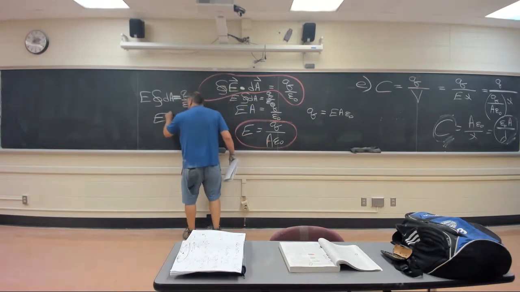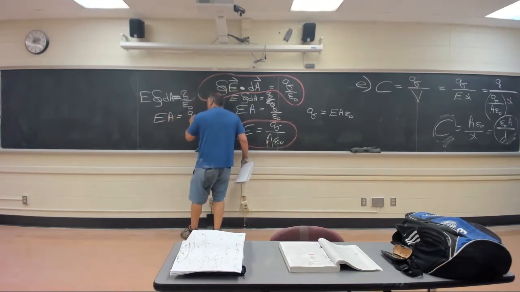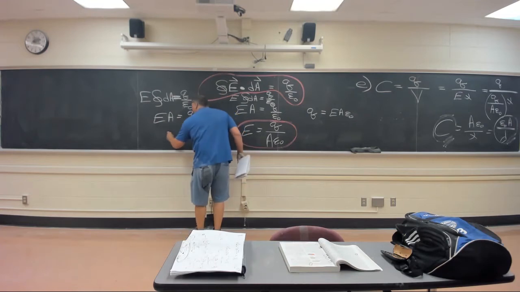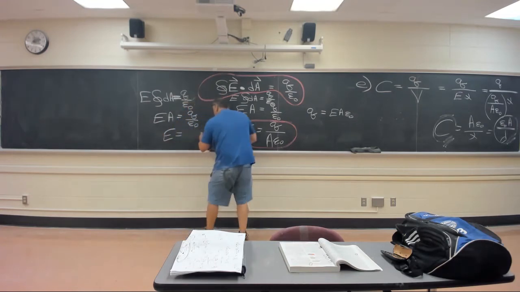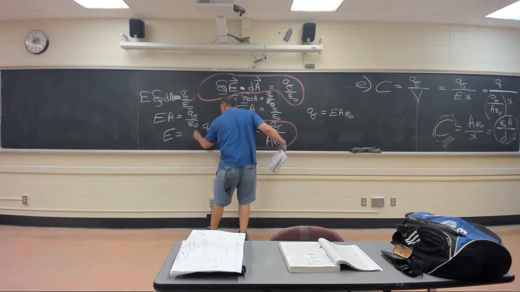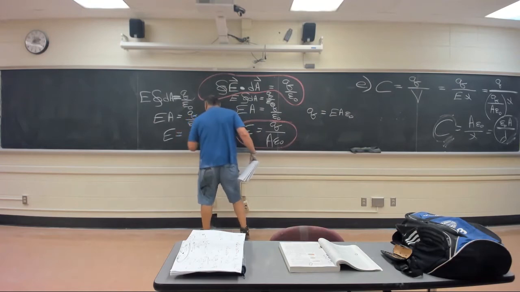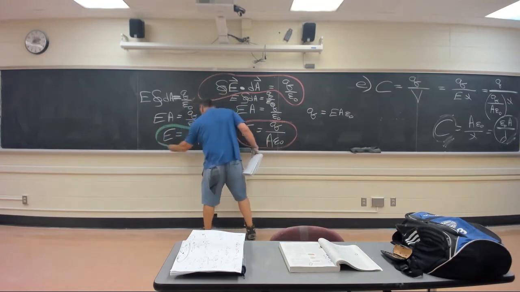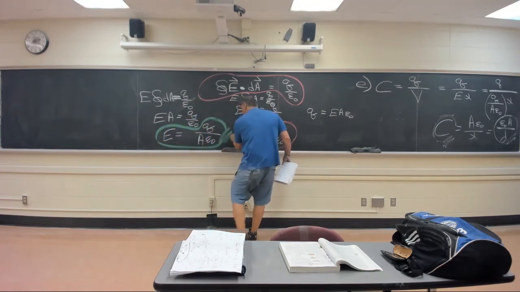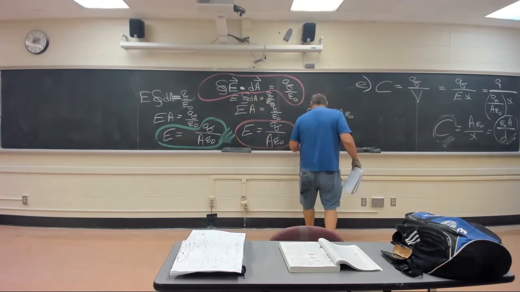That's kind of how the whole thing played out when you got this right here, and that's where we got how they're asking us where we're getting this stuff. Epsilon naught A or A epsilon naught. So use that one.